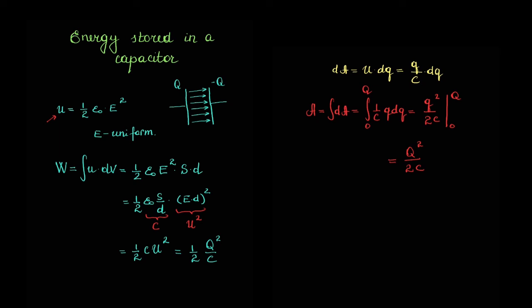This is the work which is done by the external forces on a capacitor. So we give some energy to the capacitor, and this energy is spent to increase the capacitor's potential energy, right? Initially, if we assume that the potential energy of a capacitor is 0, since there is no charge on the plates, they are not interacting. The interaction energy is 0 at that point.